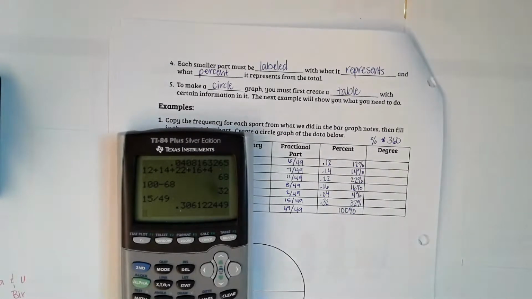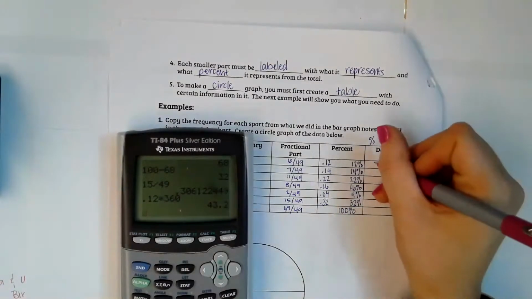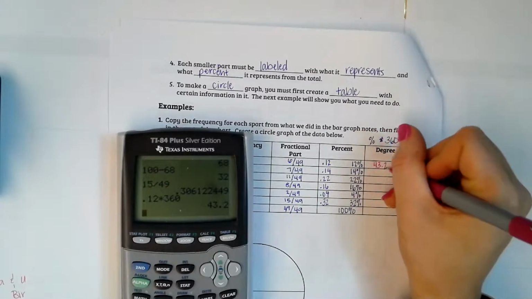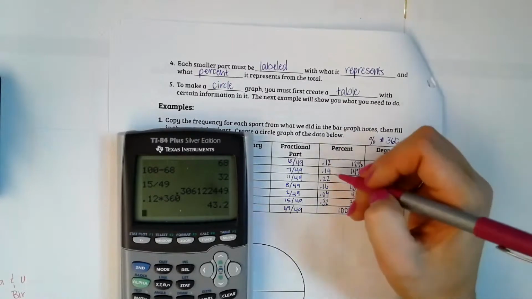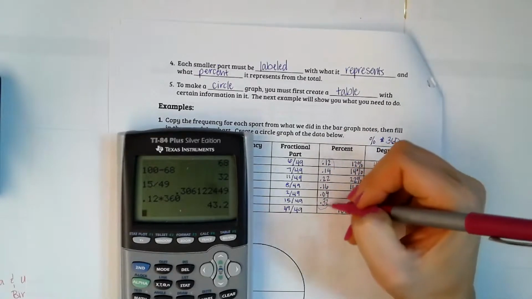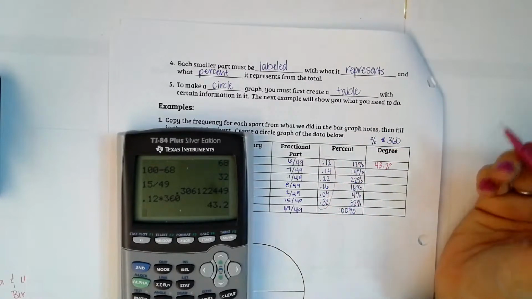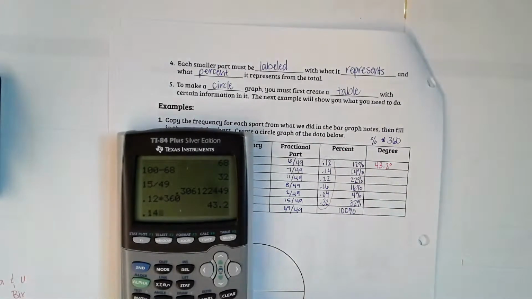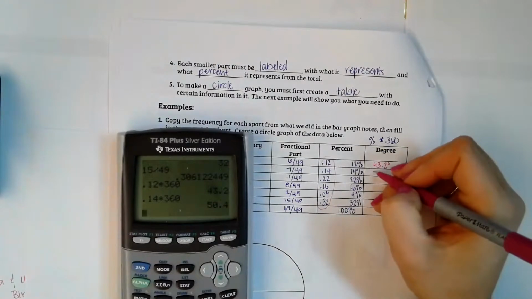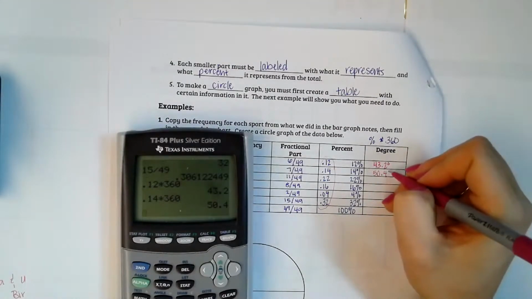So your 0.12 times 360 is 43.2 degrees, using your decimal percent. Your 0.14 times 360 is 50.4 degrees.